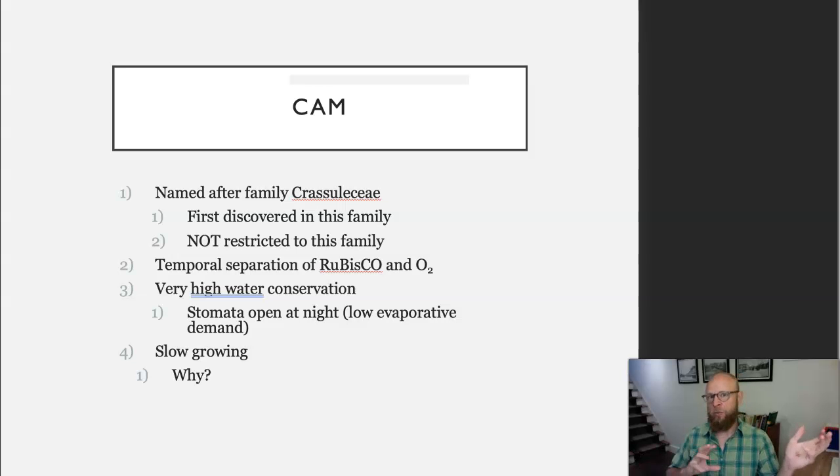That's why lots of cactus and succulents utilize CAM, and that's why they're dominating our desert ecosystems because they're so hot and so dry. It's not the only type of photosynthesis that works there, but it's the best adapted type of photosynthesis in those really harsh environments. Okay, so those are 3 types of photosynthesis.